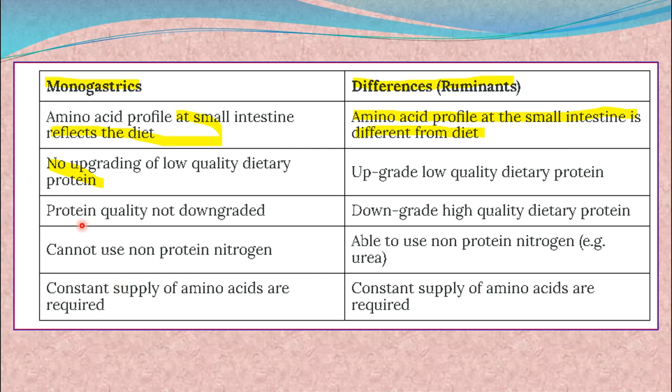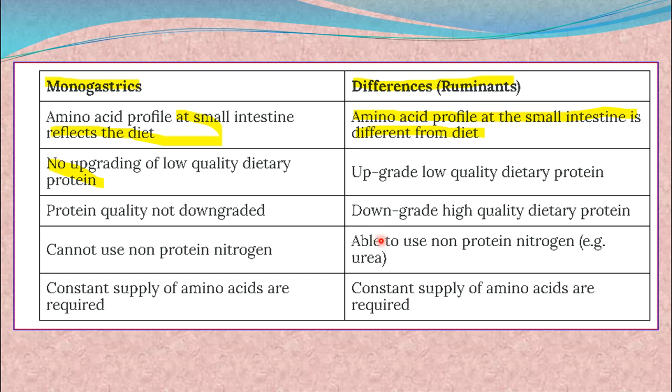Whereas in the monogastric animal, the protein quality is not upgraded; the different amino acids need to be supplied, whereas ruminants can downgrade high quality dietary protein. So these animals do not require high quality dietary protein. Monogastric animals cannot use non-protein nitrogen like urea; they suffer from toxicity.